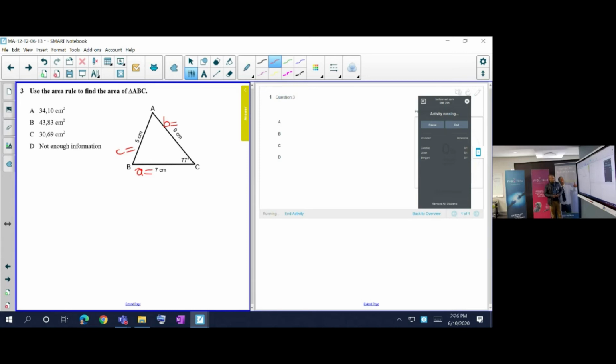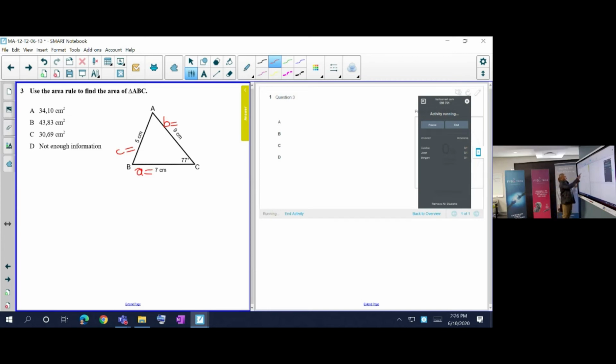If you are on YouTube, remember you can pause this video and make sure that you try to get the solution before you proceed to this section of the answer. So the question was, use the area rule to find the area of ABC. So we want to see if you got it correct.